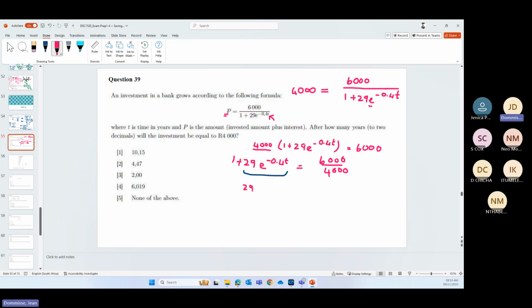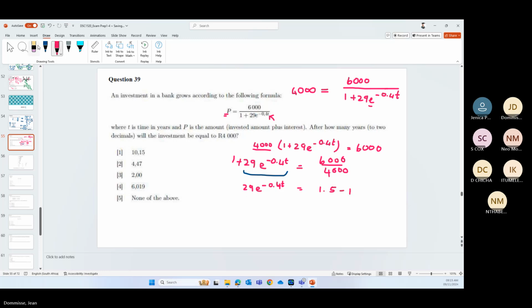So then we are left with this component. So let's just make that clear. It's 4. Okay, so let's already just say 6,000 divided by 4,000, but I can work with numbers. So subtract.